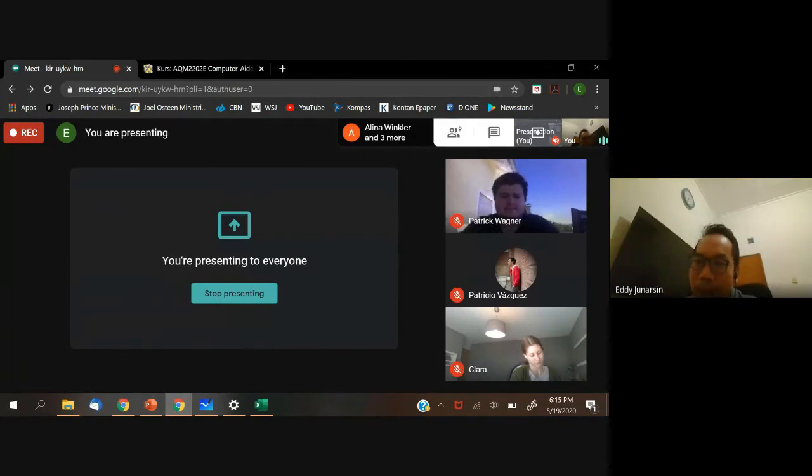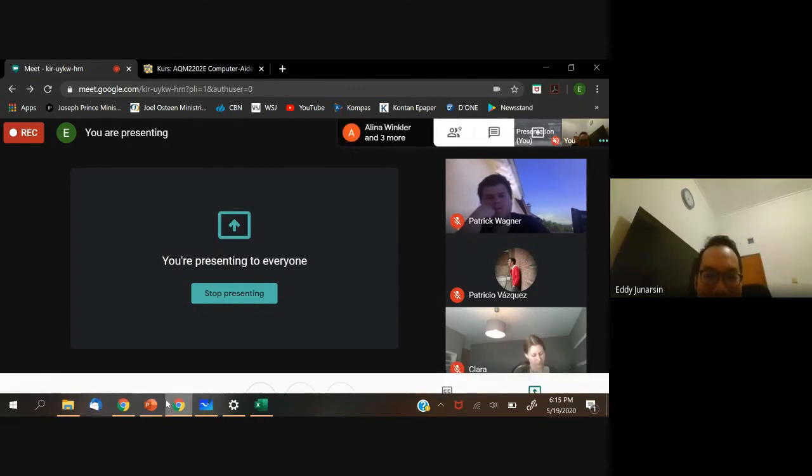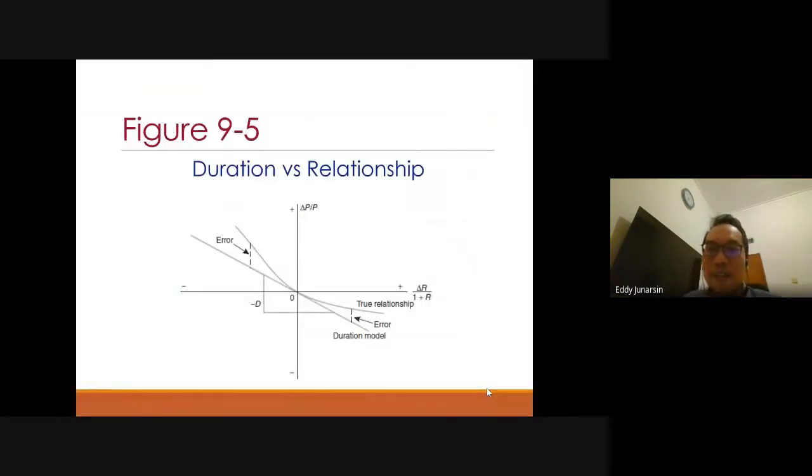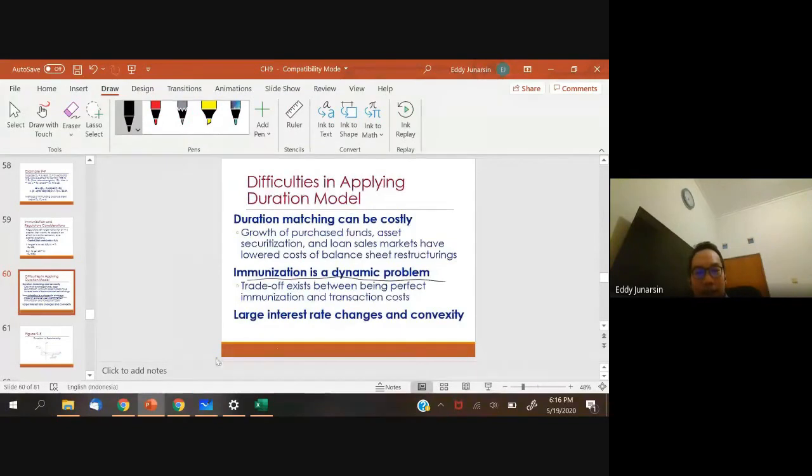But if the market interest rate is decreasing and hence asset value increases, the increase based on the duration method is lower than what it should be based on the manual method. So we call it what? Convexity feature in real life that could not be captured by the duration method. So at least we have three weaknesses of the duration method.